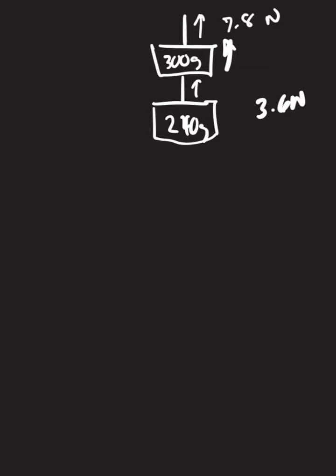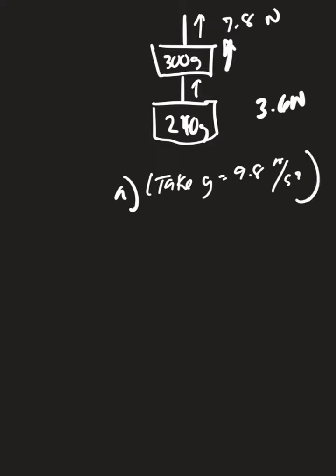Okay, question A. It says, what are the largest upward accelerations the block can be given without either string breaking? And this is, take g equals 9.8, which is the gravity.